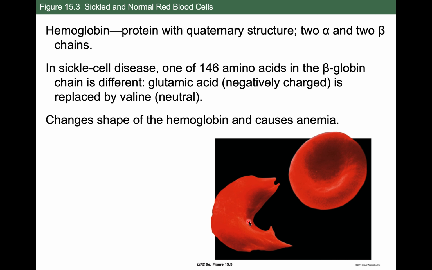Actually, before I go on, I did also want to mention it's interesting that there's a higher rate of sickle cell anemia in African American populations. That's because there's actually been some evolutionary selection for sickle cell anemia in populations that live in, for example, equatorial Africa, where malaria is a problem. Part of the malaria parasite's life cycle goes through red blood cells, and it turns out the parasite does not like the sickle-shaped red blood cells.